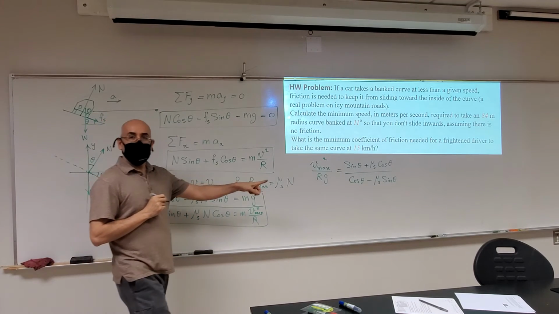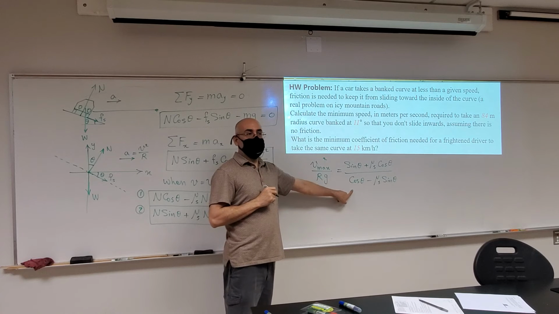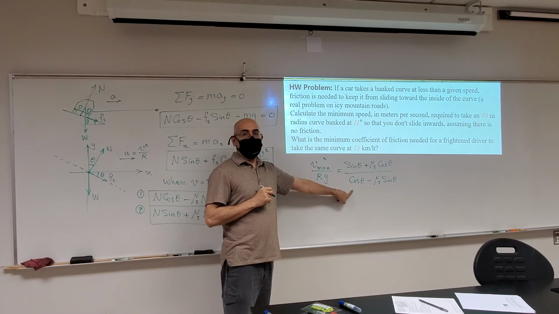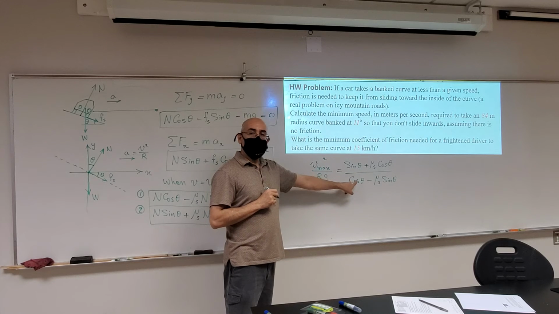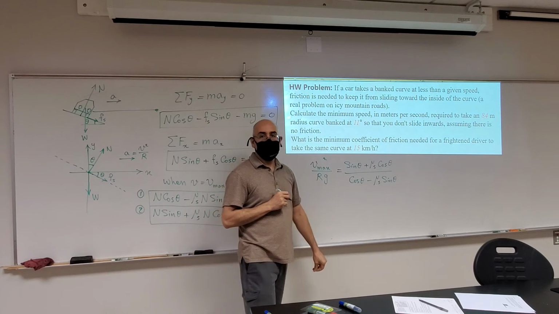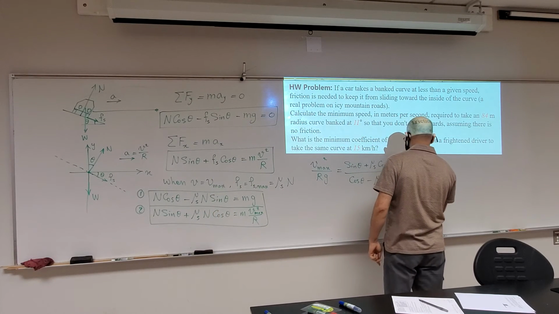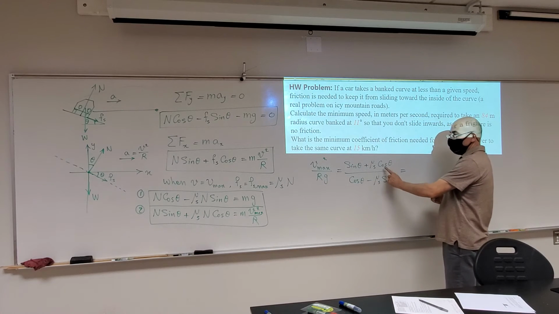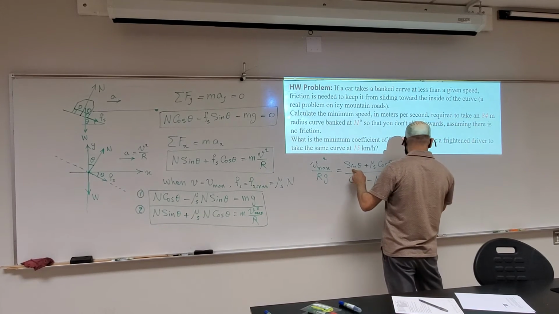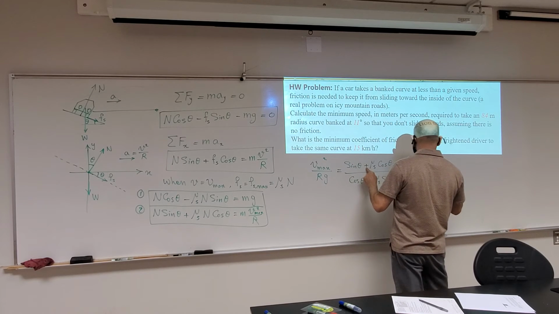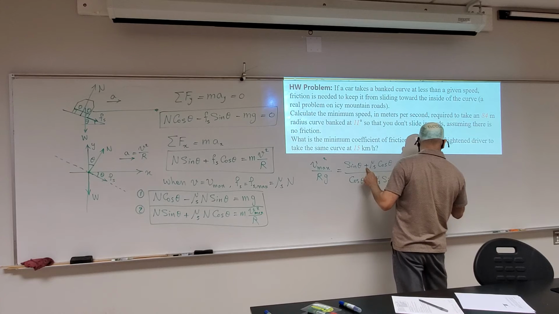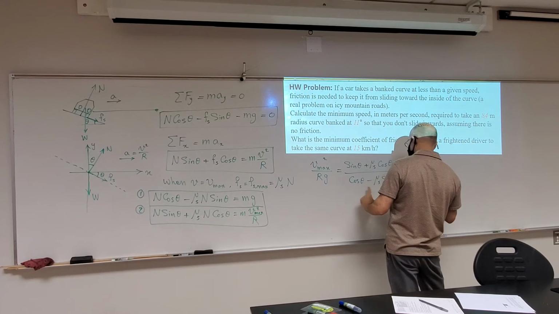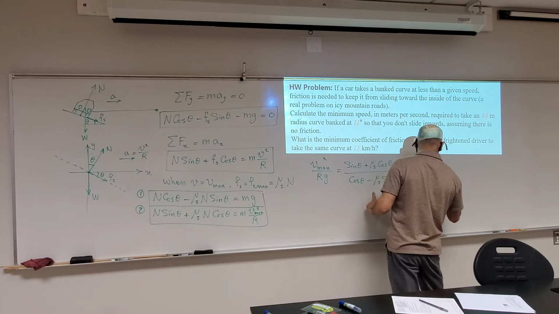All right. Does it mean anything to you? If you know good algebra and trig, it should mean something to you. Let's divide both numerator and denominator by cosine theta to get tan. So you get tan theta plus mu s divided by 1 minus mu s tan theta.